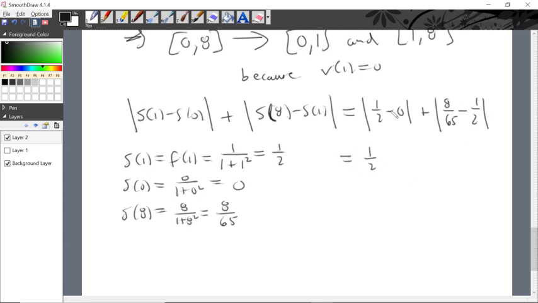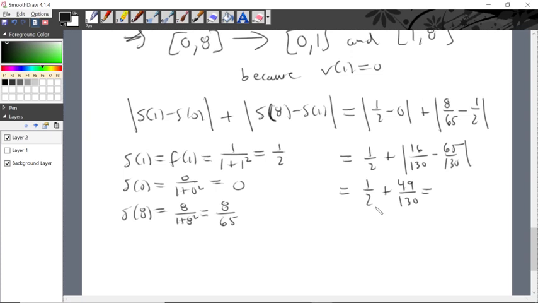So we have 1/2 plus, now what is this equal to? We have 8 over 65 minus 1/2. Let's get a common denominator here: 16 over 130 minus 65 over 130. 65 minus 16 is 49, so this is going to be positive 49 over 130, because I've already taken the absolute value.